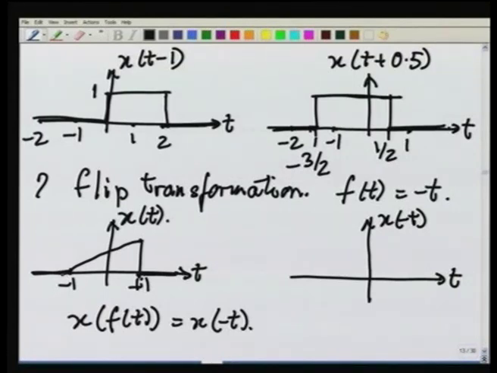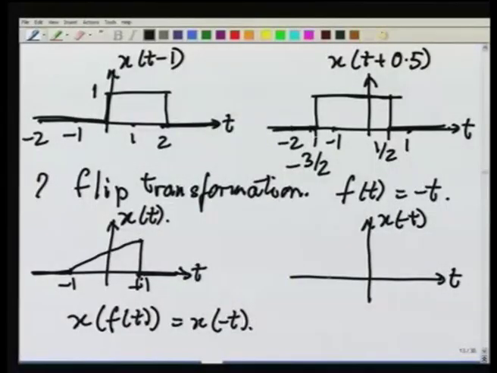The other interesting point was t equal to minus 1, and this is the value at which it will rise from 0, and therefore, that will now correspond to minus of minus 1 equal to plus 1.